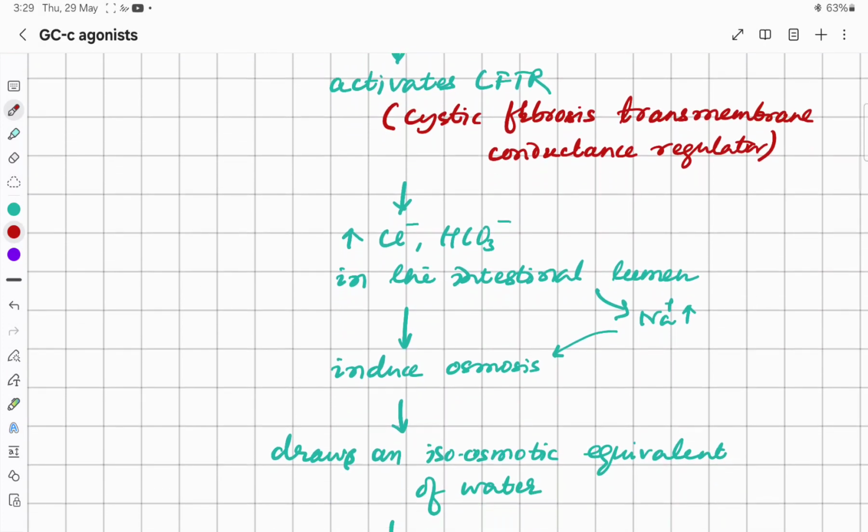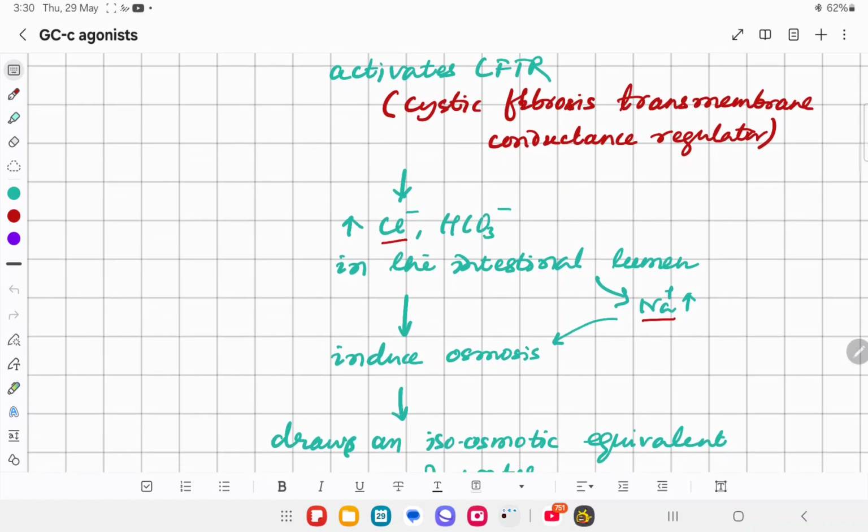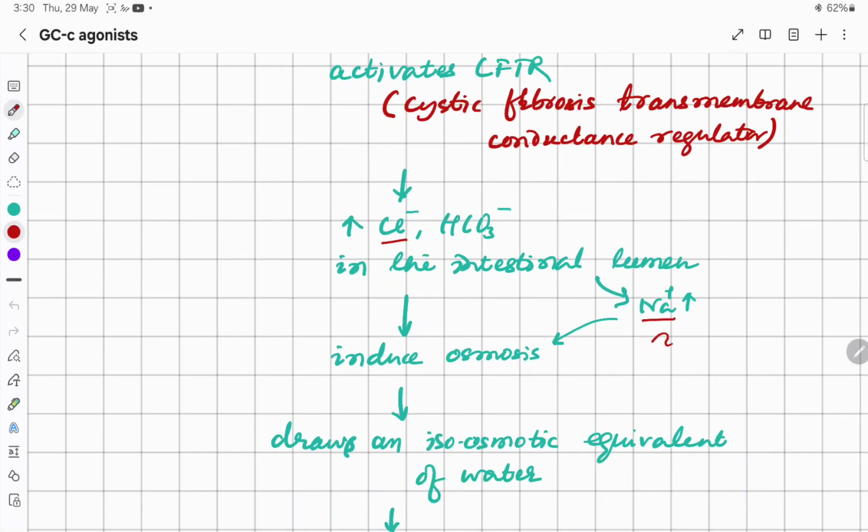Since chloride is a negative ion, there is also flow of the sodium positive ion to maintain isoelectric neutrality. Because of that their concentration in the lumen increases, and they induce osmosis.